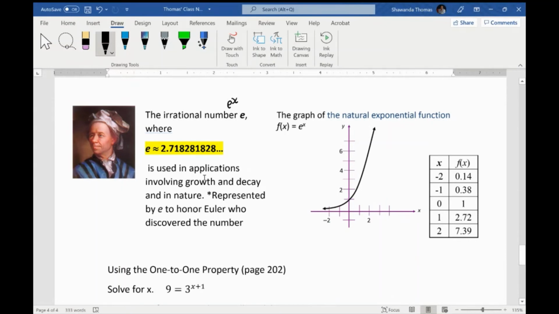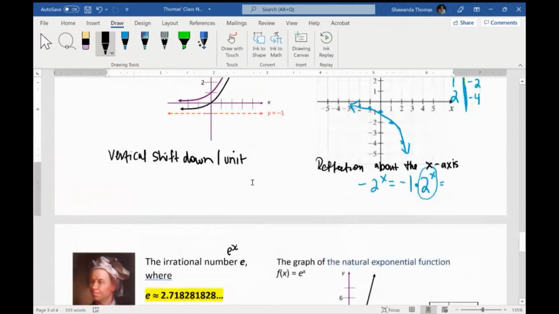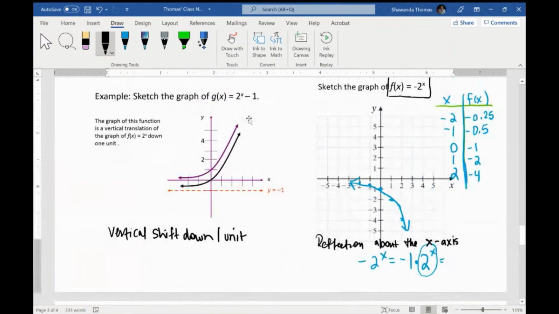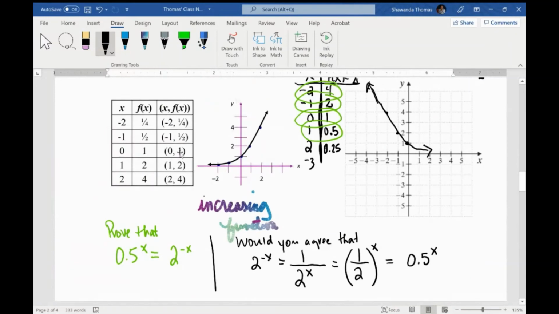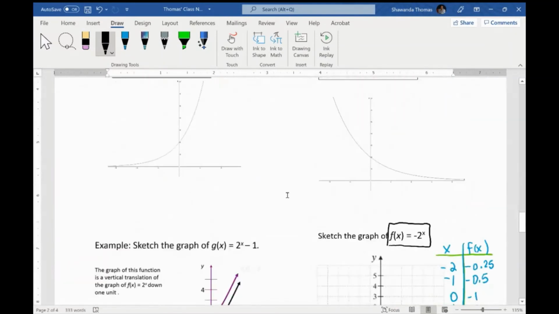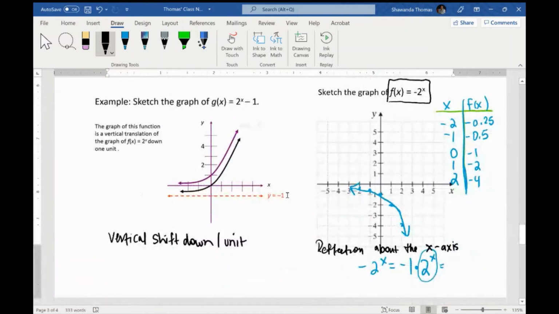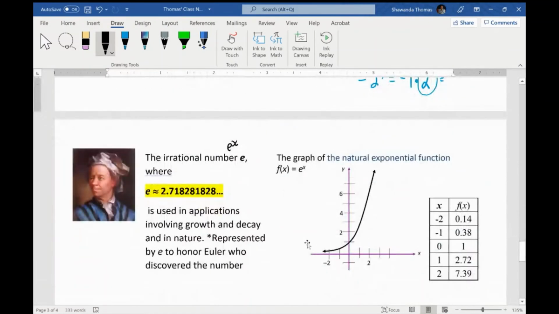This is used in applications involving growth and decay and in nature. It looks like this on the right. That makes sense because if 2 to the x looks like this, then 2.7 is not going to be much different. A is greater than 0, so we know it's going to be an increasing function.